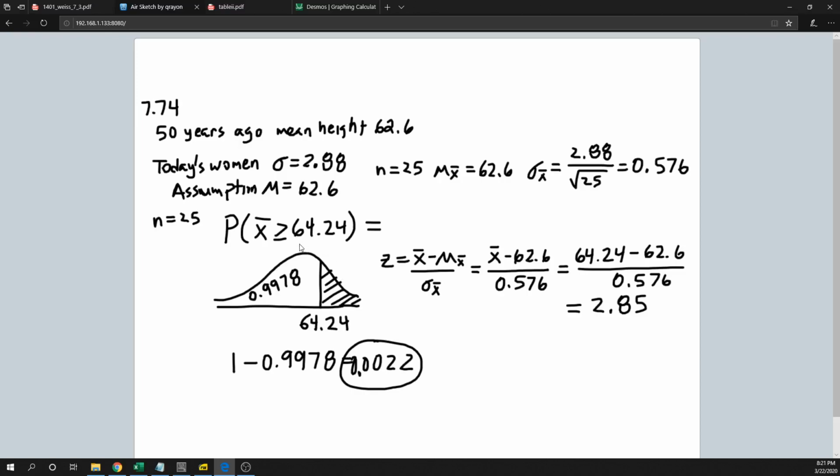If I did a random sample and I got a bunch of people that were that tall, that's just a fluke, and I got a high mean. But it would be really, really unusual that it would happen. The other thing that you could say is, hey, maybe this assumption that we made, that women in their 20s of today maybe don't have the same mean height as they used to 50 years ago. And you would suspect that could very well be true.